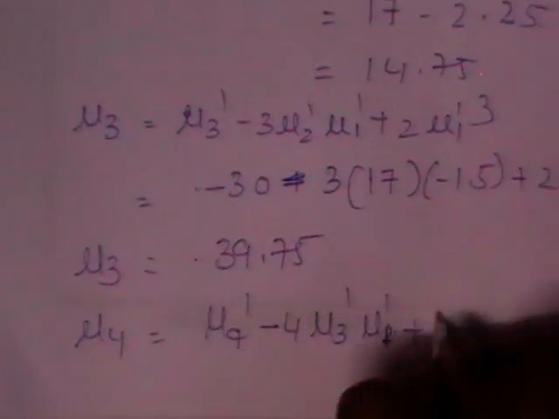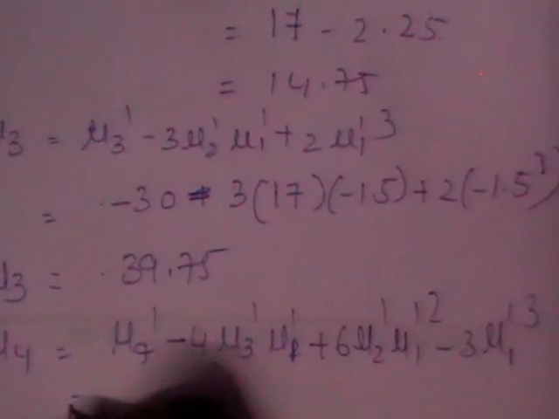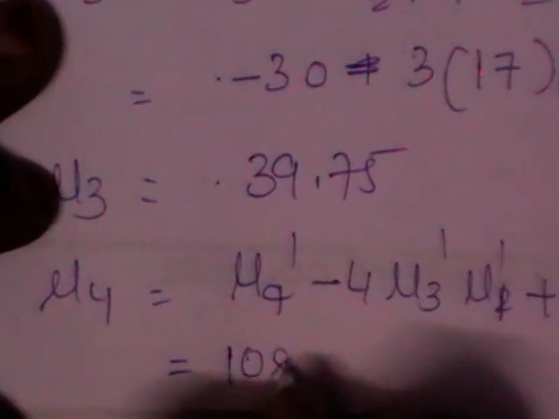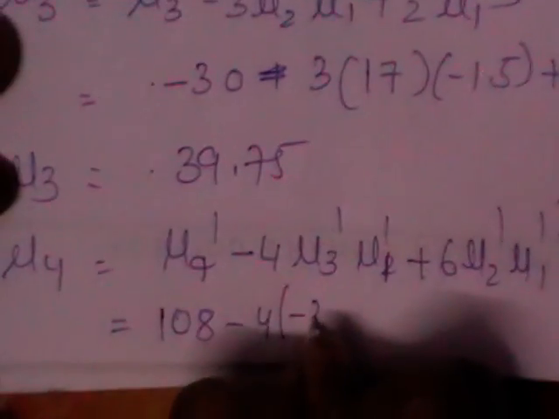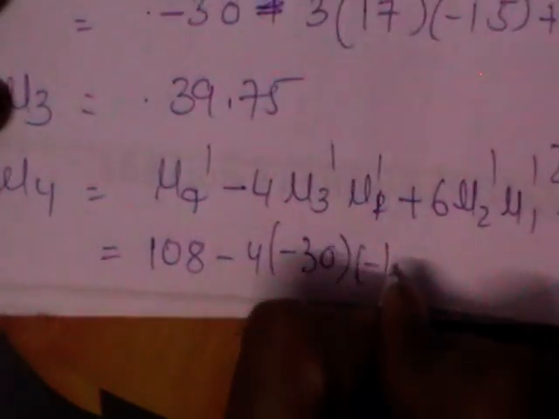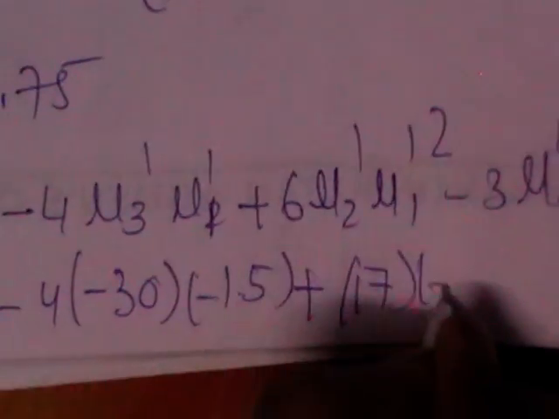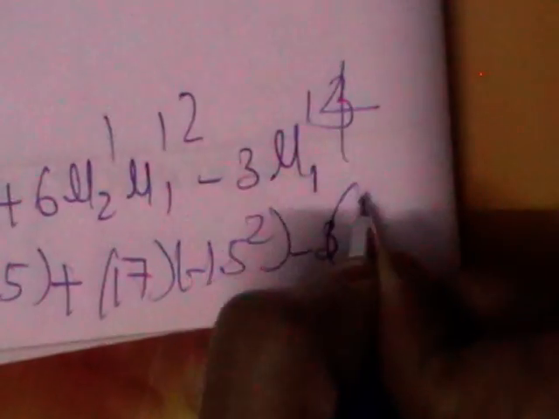So what is mu4? Mu4 dash, with 1, 4, 6, 3 as the coefficients: mu4 dash minus 4 mu3 dash mu1 dash plus 6 mu2 dash mu1 dash square minus 3 mu1 dash to the power 4. If you substitute here, mu4 dash is 108, mu3 dash is minus 30, mu2 dash is 17, and 1.5 to the power 4.